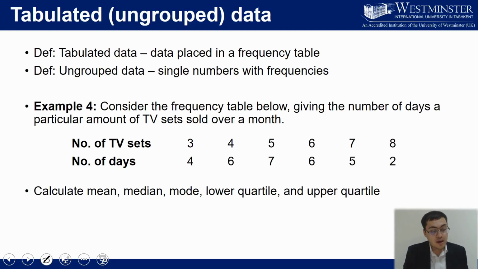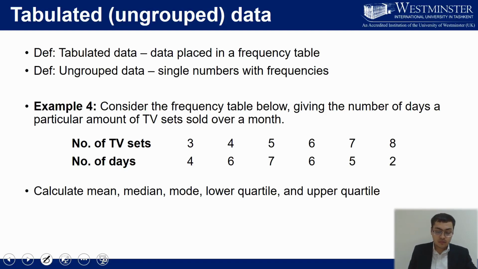Ungrouped data basically means that these numbers have not been analyzed or changed in some way. They have just been put into categories and the number of times each number has occurred is recorded. Let's look at example number 4 as a demonstration.